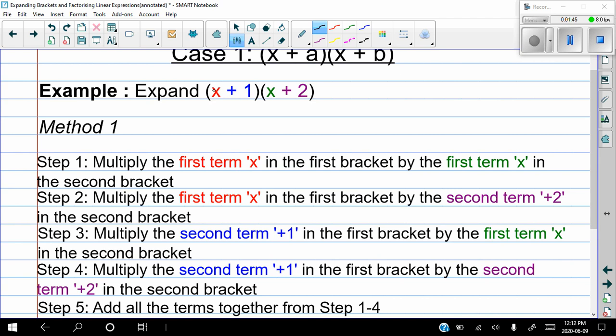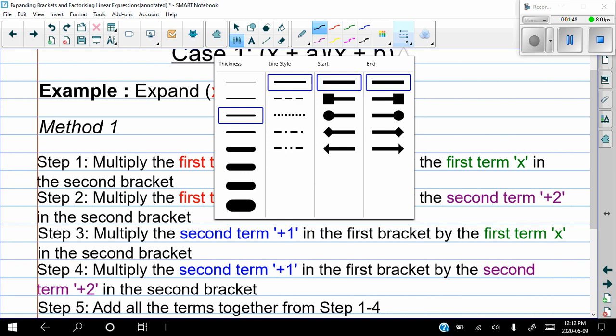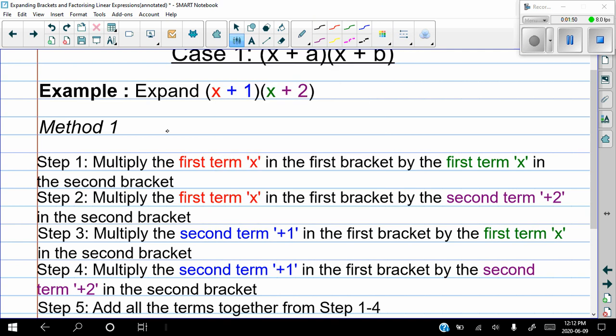So the very first thing we're going to do, we're going to do step 1 here. And if you notice, we multiply the first term x in the bracket by the first term x in the second bracket. So we're going to do this x times x. Okay, so what do we get? We get x times x, and we'll write that as x squared.